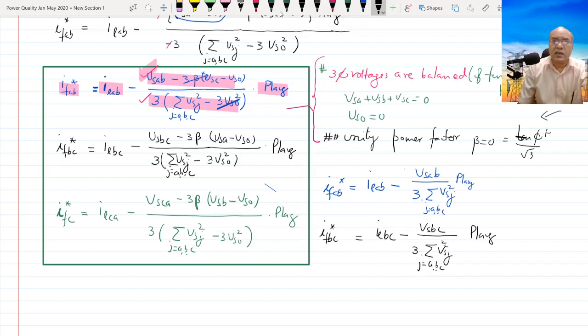And finally, IFCA star equal to ILCA minus VSCA by 3 sigma VSJ square, J equal to ABC, 3 here and 3.